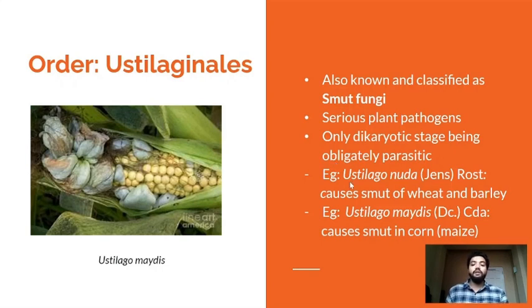Now, if we come to the examples, the famous examples are Ustilago nuda, which causes smut of wheat and barley, and the second famous example is Ustilago maydis, which causes smut in corn or maize. On the left hand side, we can see the famous Ustilaginales example, Ustilago maydis. This is the fungus over here.